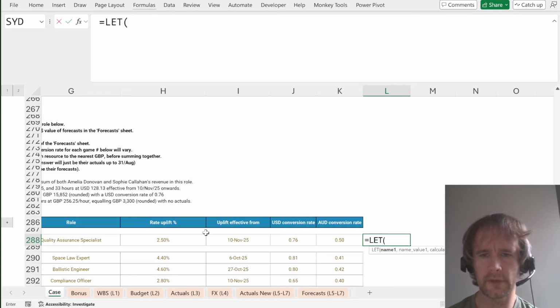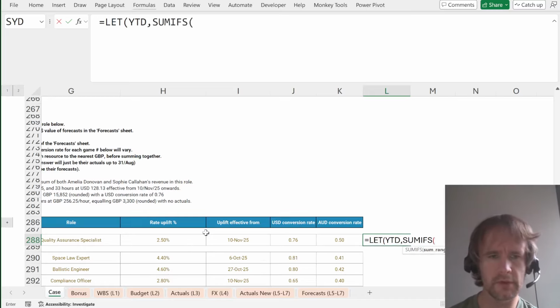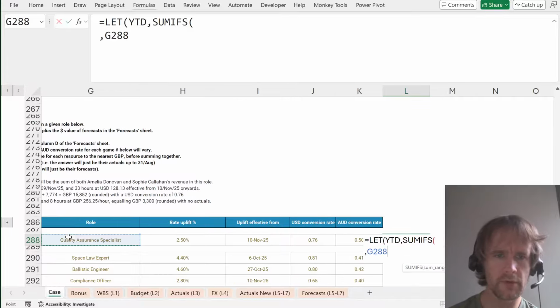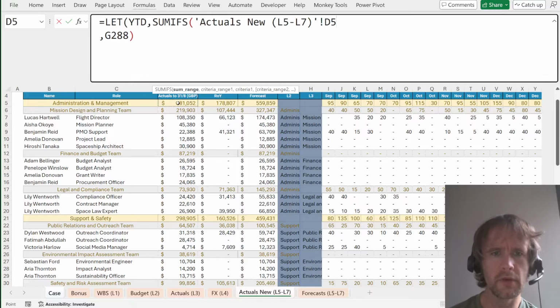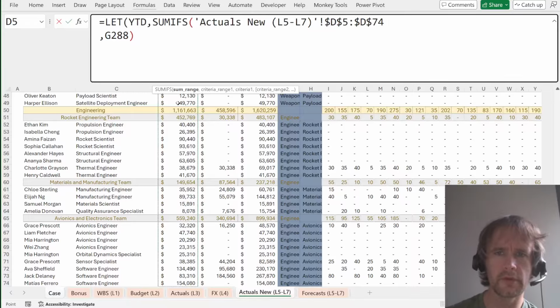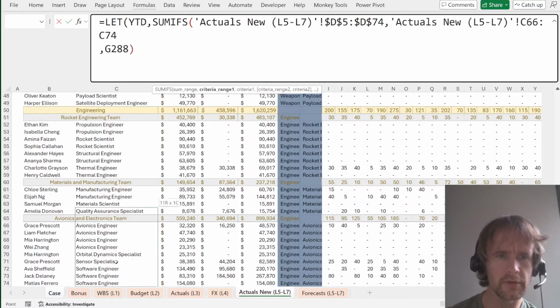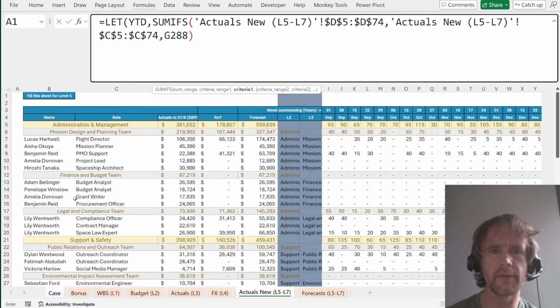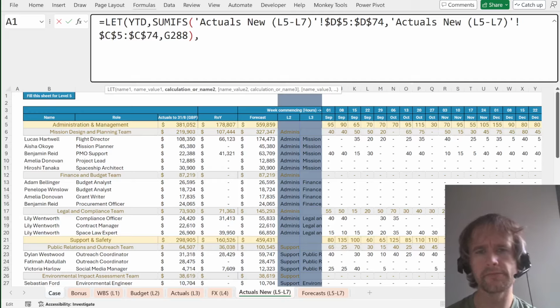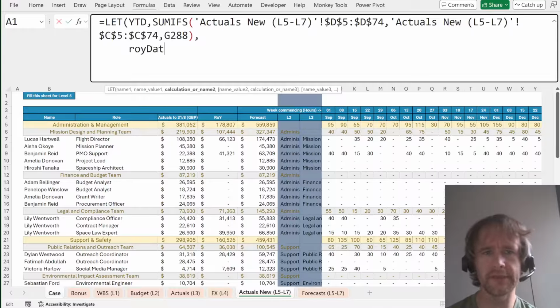So I guess first thing is let YTD be some ifs for quality assurance specialist. Some ifs this, where this is that. Then I want rest of year data.